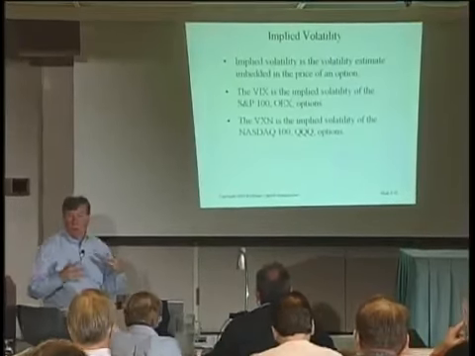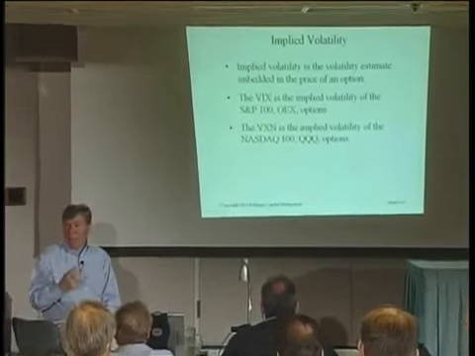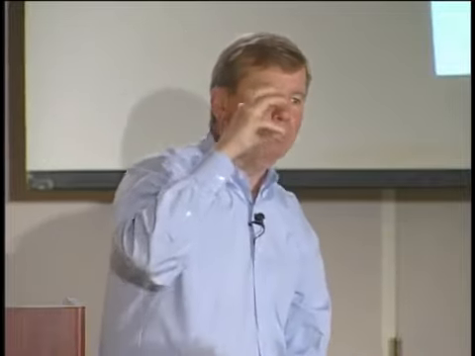Implied volatility, for those of you who aren't familiar with it, is the volatility estimate that is embedded in the price of an option. If you buy a call option, say a $20 call, 3 months to go, and it costs you $1.50, the way that $1.50 price was determined is somebody estimated the future volatility of that stock, guessed at what the volatility was going to be, and took that implied volatility number and dropped it into an options modeling program called the Black-Scholes model.